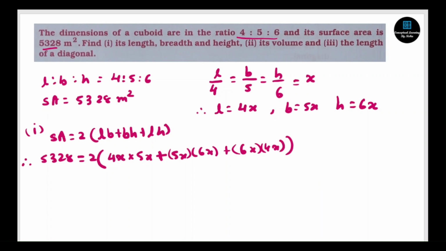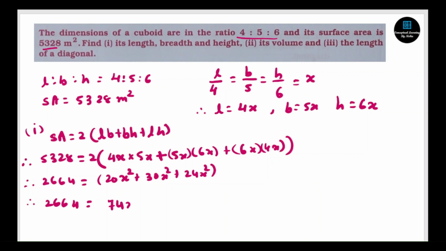Alright. Now I'll divide them by first. So I'll get this, okay, and then we'll get 20x square plus 30x square plus 24x square, and now when I simplify, so I'll get 74x square, and then when I find the value of x square, that is nothing but 2664 over 74.